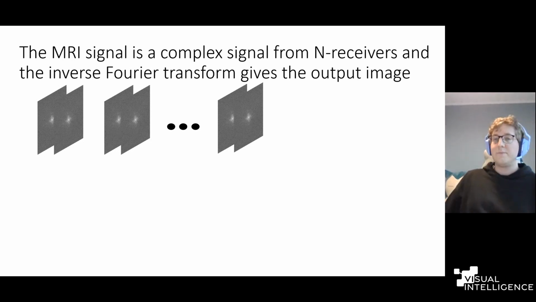When you go into a scanner, you often get a head coil, a large receiver that has multiple smaller receivers scattered all around your head, and each of them samples the signal. So you get tons of signal. And they are connected to the actual MR image, the one that the radiologist wants to look at, through the inverse Fourier transform.